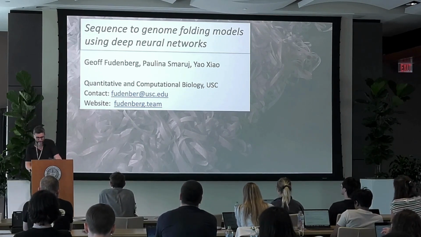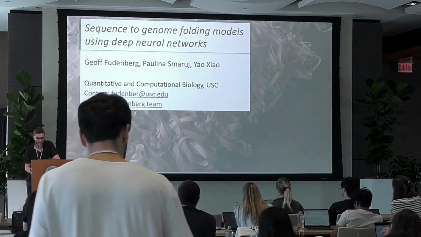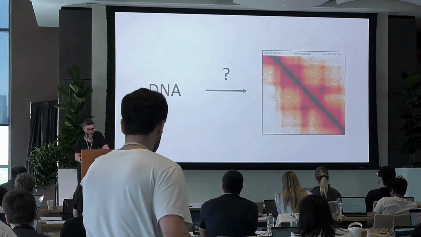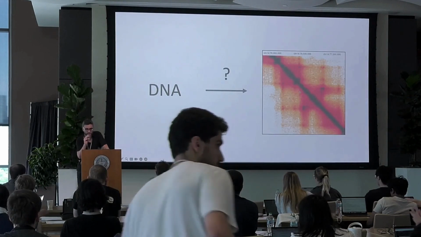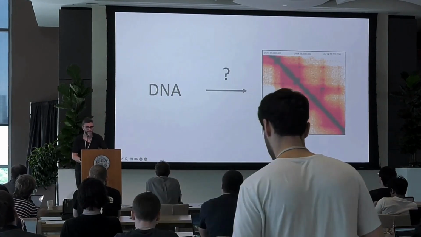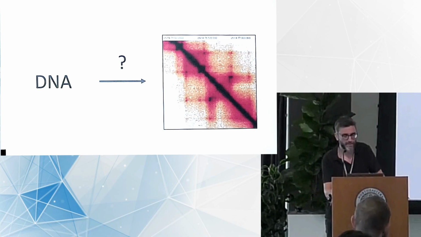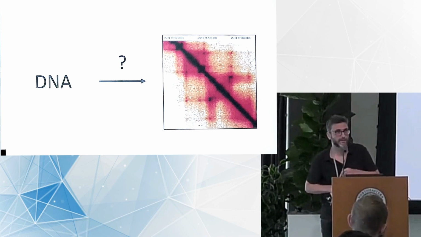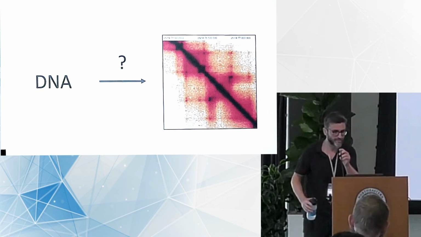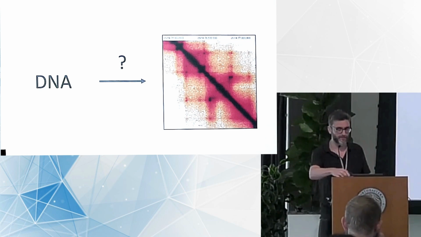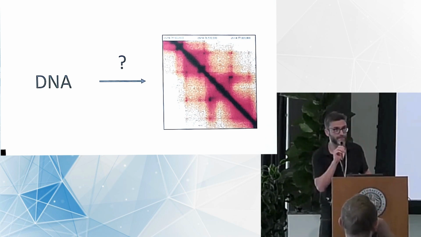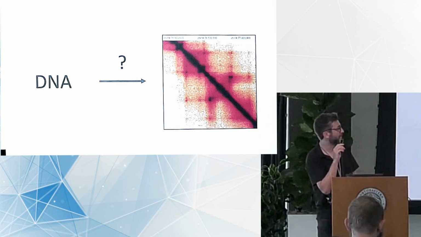Here we go. So let's say our goal is to have some predictor of what a contact map might look like from DNA sequence. I should say that the background assumed for this talk is just that you were here for the other tutorials. Some of you may be experts, others of you may be just getting on board.